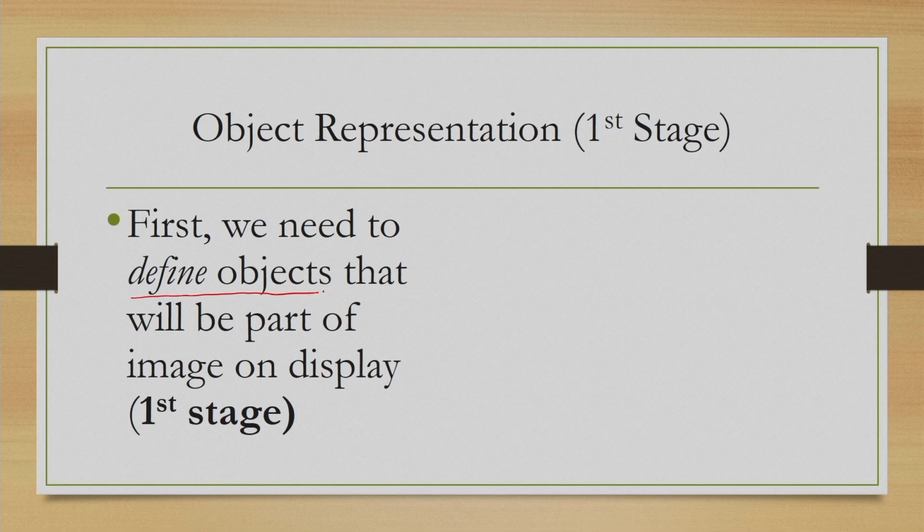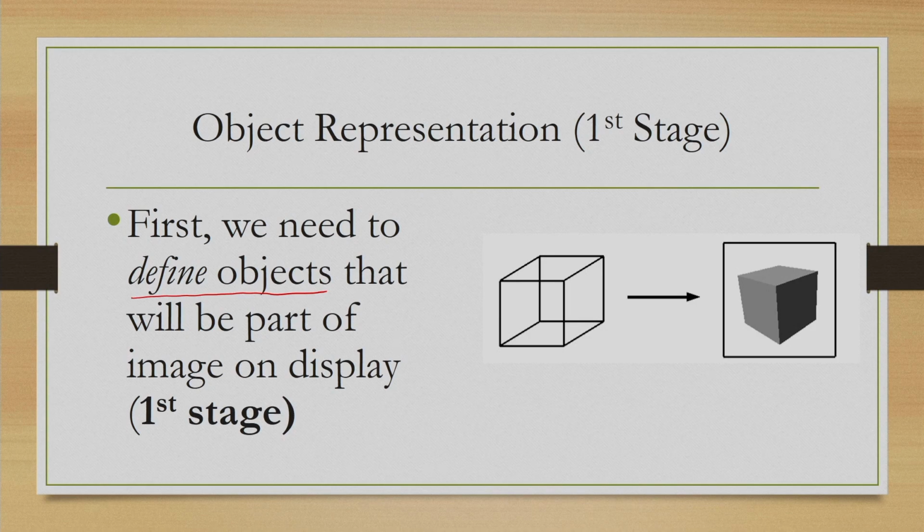When we talk of creating a scene or an image, it contains objects. There needs to be some way to represent these objects in the computer. That activity where we define objects which are going to be part of the images constitutes the first stage of the pipeline, which is called the object representation stage.